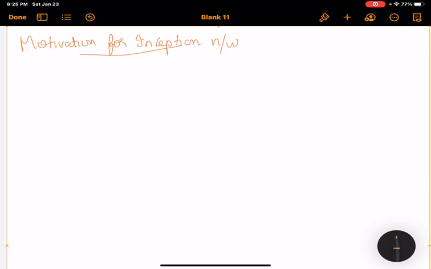As I mentioned, while designing a convolutional layer, we have to decide whether to have a convolution operation.